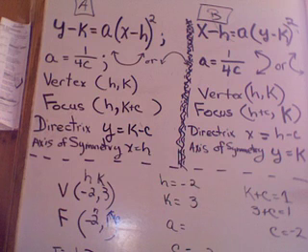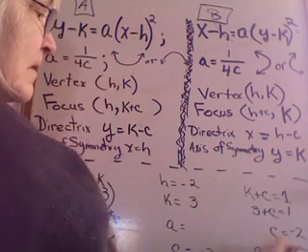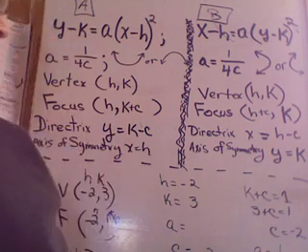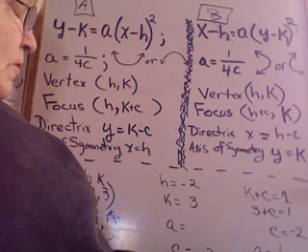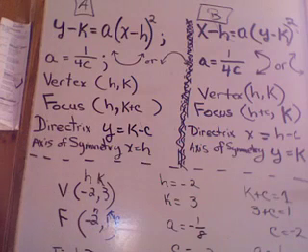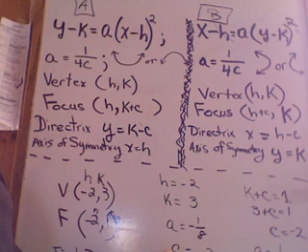What is the a? Remember here, a is 1/(4c). And c is -2. So a is 1/8, or -1/8. So I have all the parts. We decided that we had type A, right?